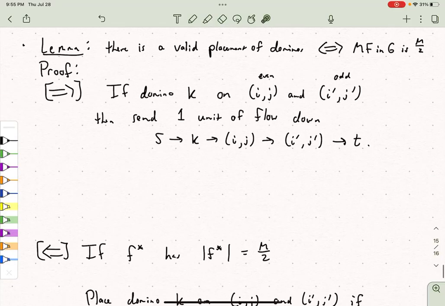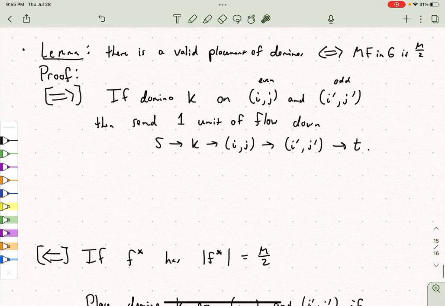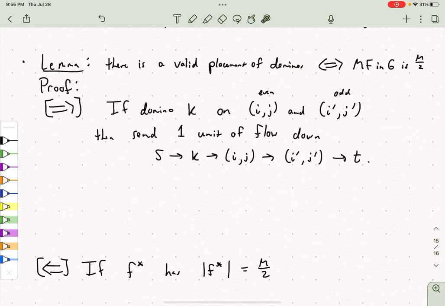So now we have to prove it's correct. Again, it's pretty straightforward. There is a valid placement of dominoes if and only if the max flow in G is m over 2. So what's the idea here? Well, if there is a valid placement, and say domino K is placed on cell ij, which is even, and cell I prime j prime, which is odd, then we can send one unit of flow down the path S to K to ij to I prime j prime to T, and we know this is a valid path.